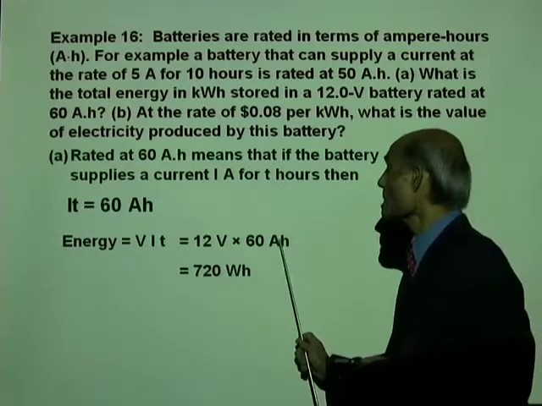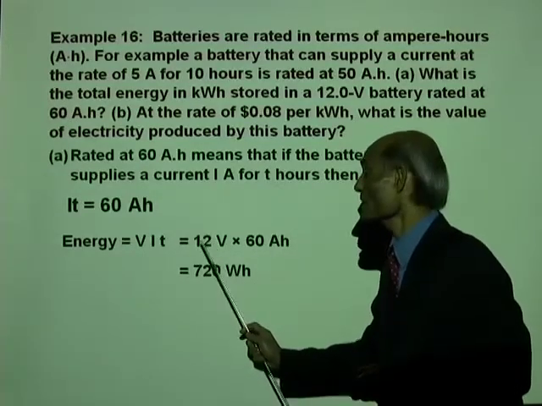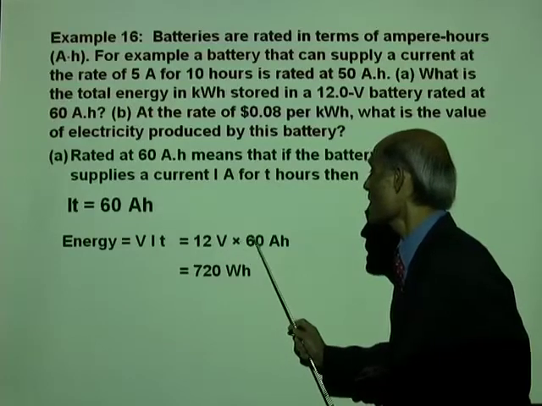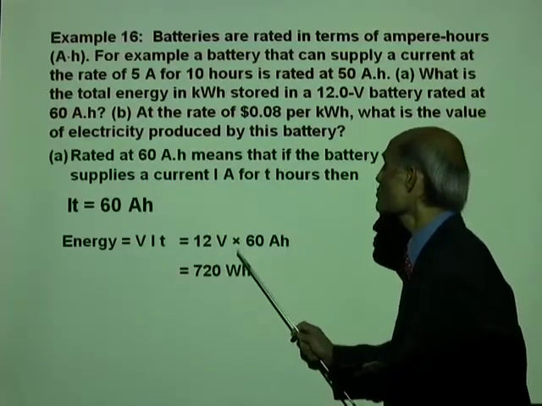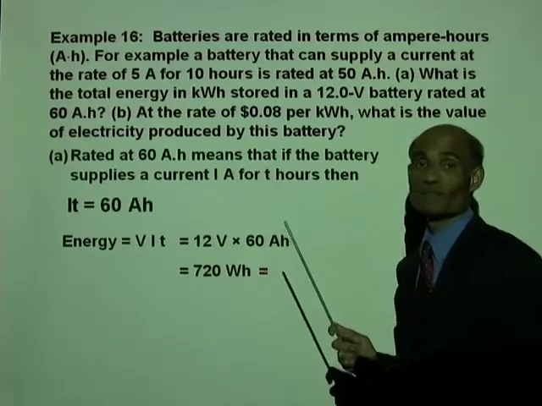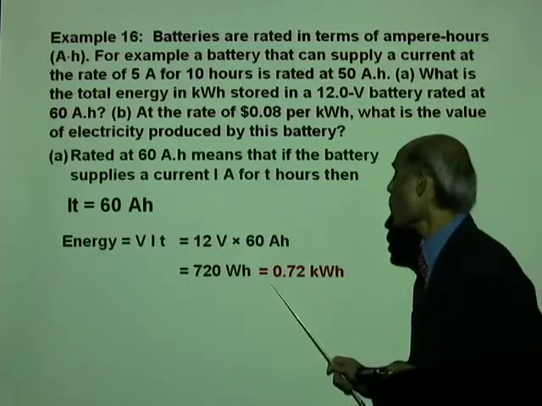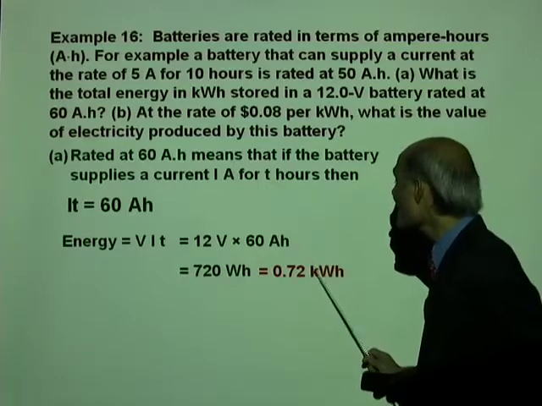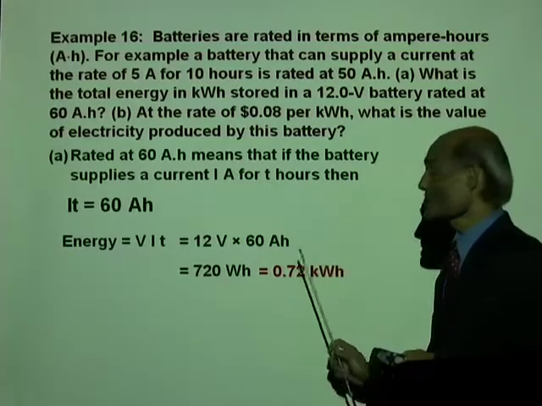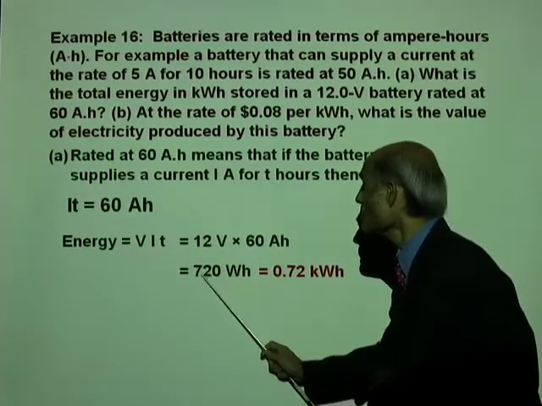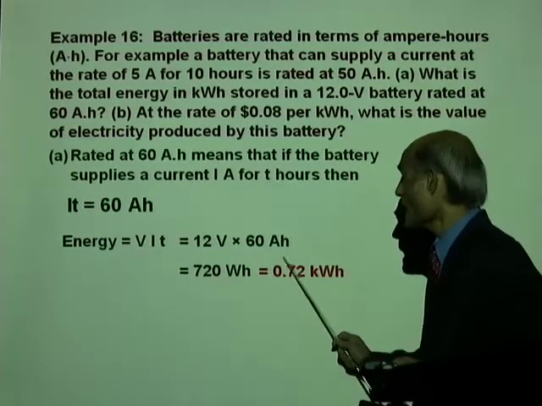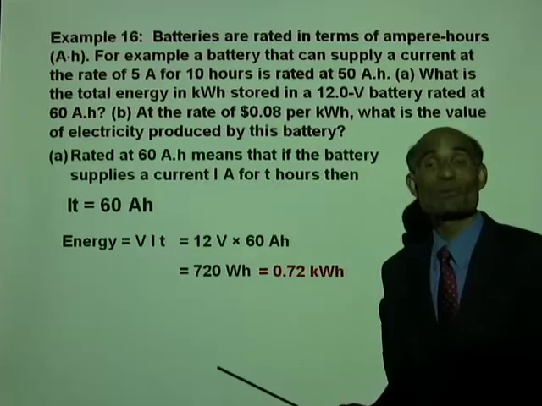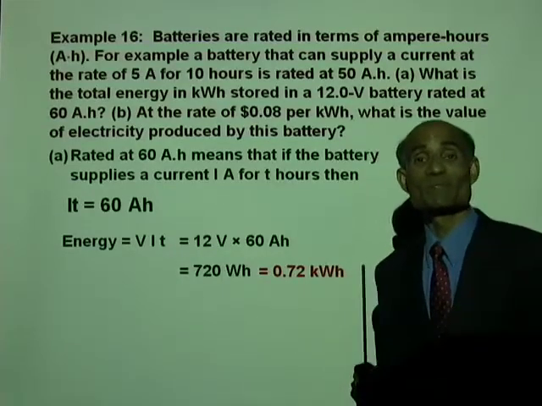In other words, you can see, use the unit correctly. 12 volt times 60 ampere hour will be 720 watt hour. And that will be 0.72 kilowatt hour. You see that? Watt hour becomes kilowatt hour by dividing by 1,000. And a kilowatt hour is a commercial unit.